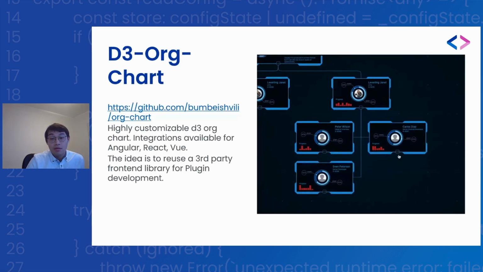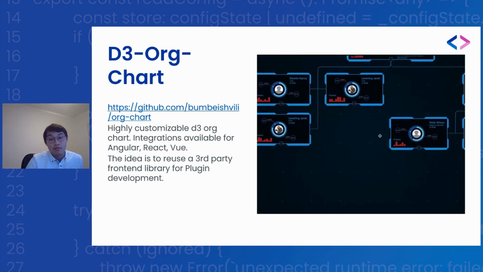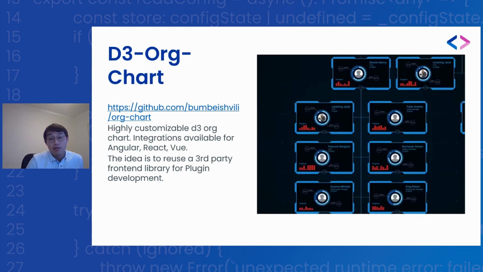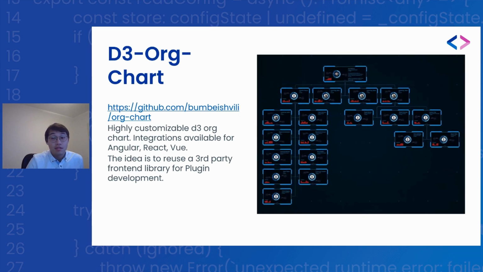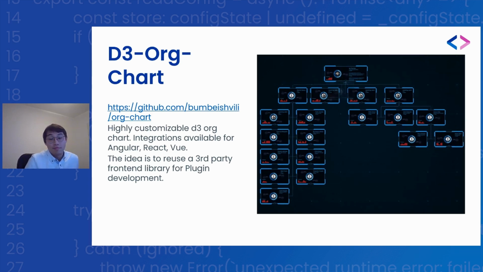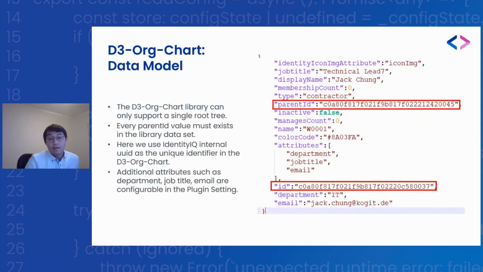D3 Orgchart is a highly customizable library. It supports Angular and React frameworks. The idea here is to reuse a third-party front-end library for plugin development instead of creating one on our own. So there are some requirements regarding the D3 Orgchart data model. The library can only support a single root tree.